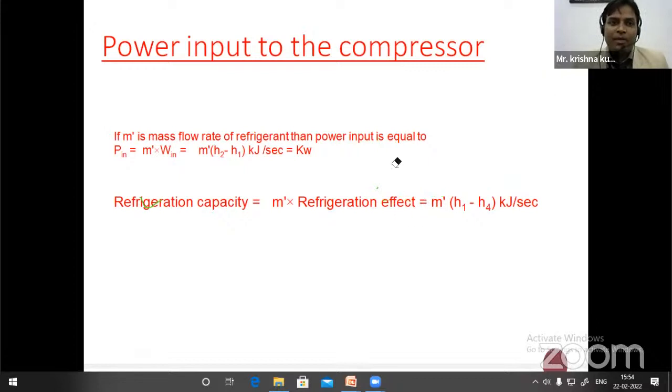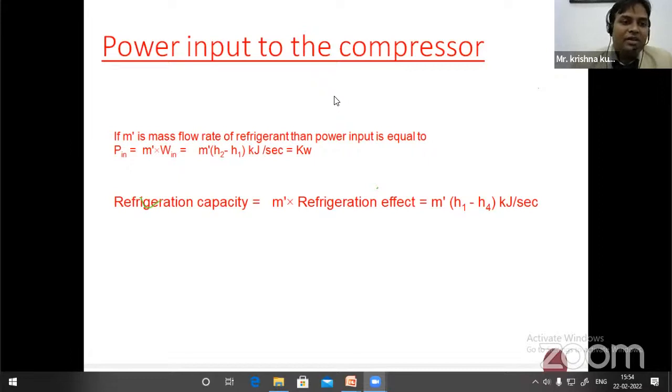So the power input to the compressor, how can we define it? The power input equals m, the mass flow rate of refrigerant, multiplied by the work input in the compressor. We already know the work input in the compressor, which we defined in the previous slide with H2 minus H1.